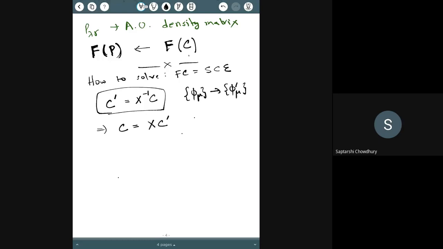Now if I put X C prime into my Roothaan equation, what would I get? I would get F X C prime is equal to S X C prime epsilon, right? So does that help me in removing S in any way? With some choice of X, can I remove S?